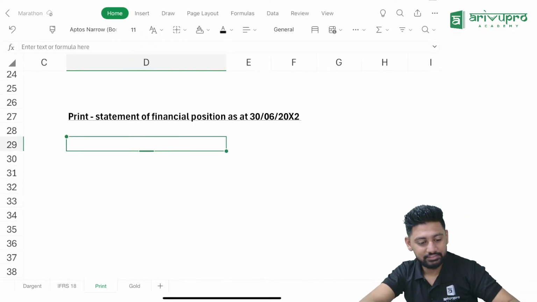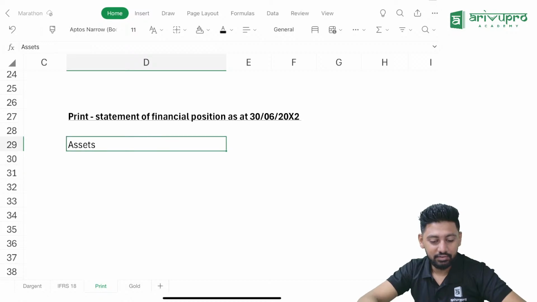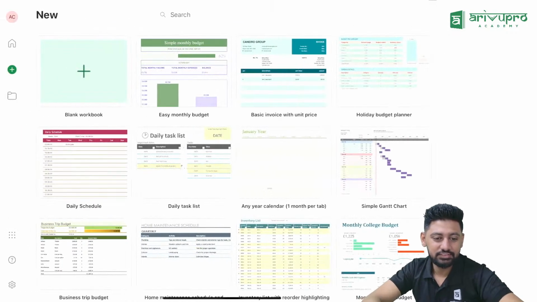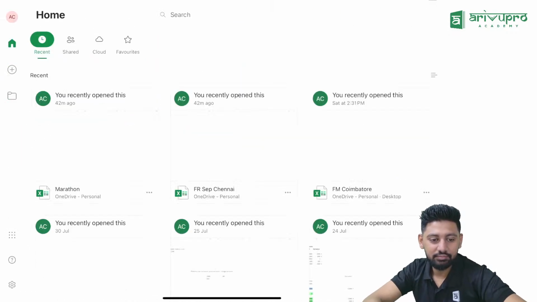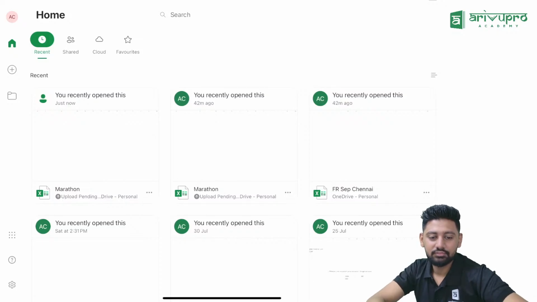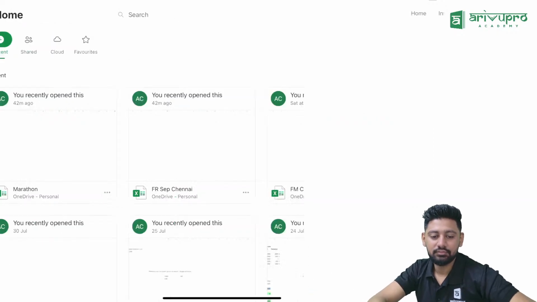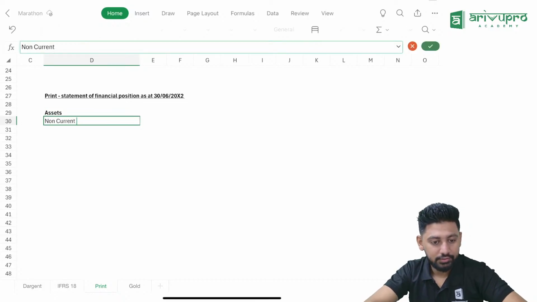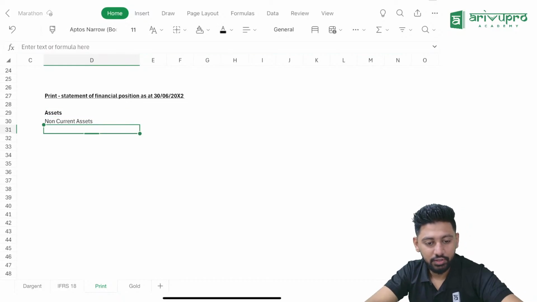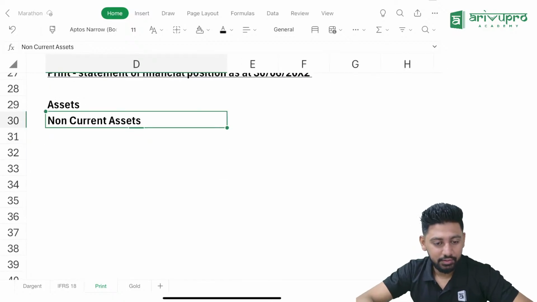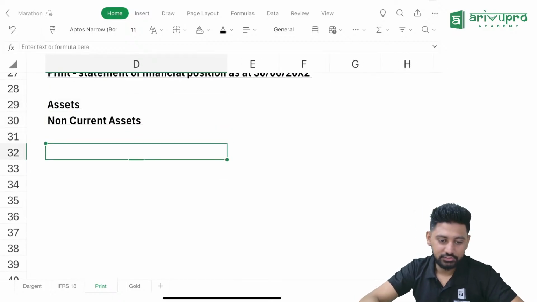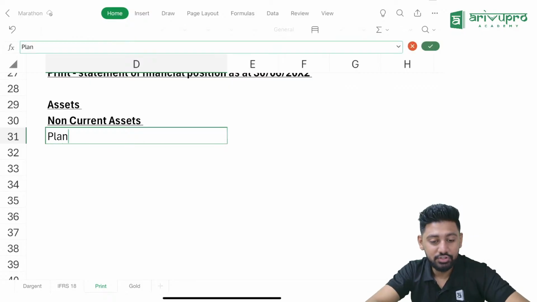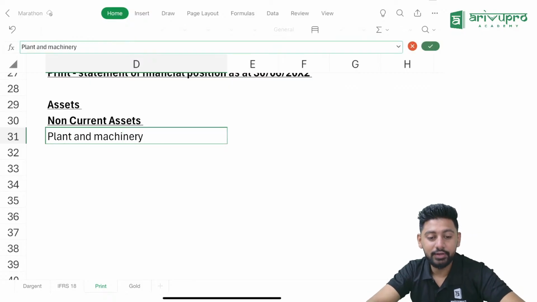I take my assets, and under my assets, my non-current assets. Obviously I had plant and machinery. I won't forget because I took my net book value.